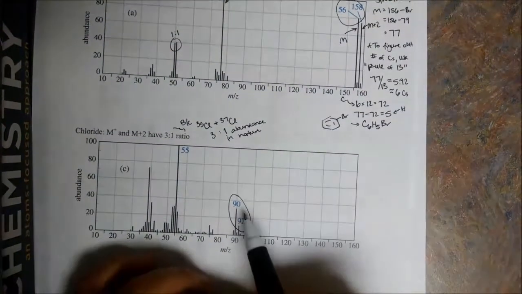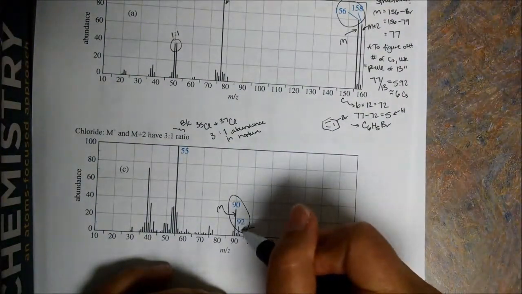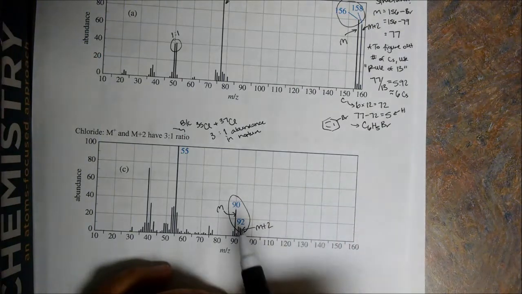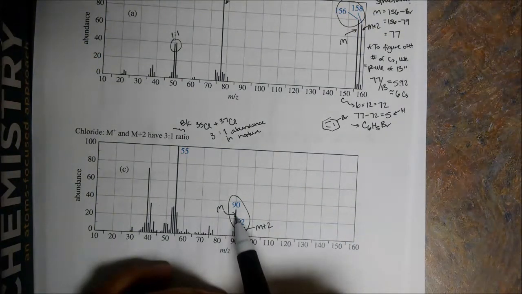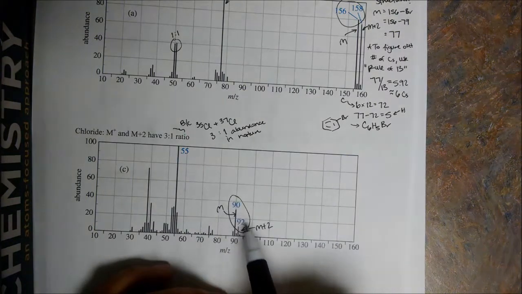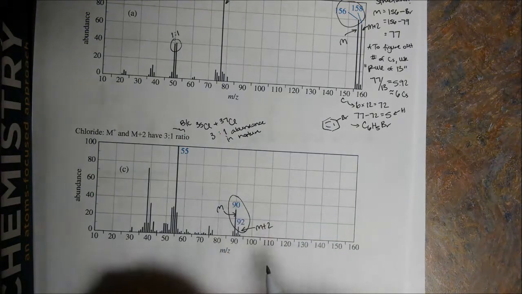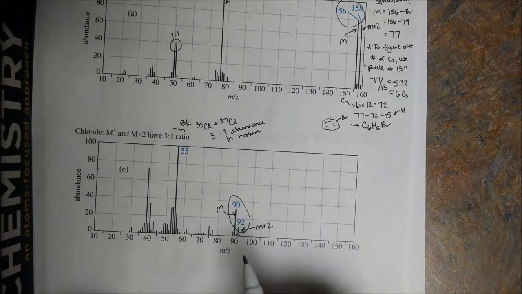So this ion here is our molecular ion, and here's our M plus 2. This one has the lighter isotope of chlorine, and this one is the same compound but with the heavier isotope of chlorine. That's why we are separated by 2 mass units and present in a 3 to 1 ratio.